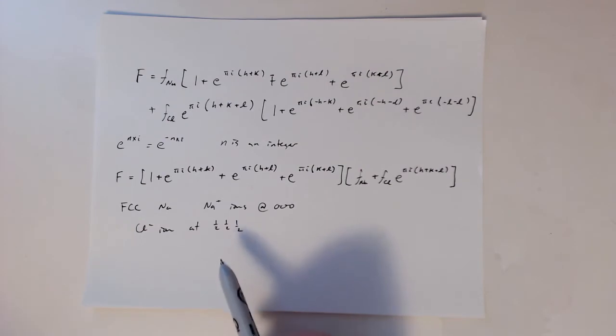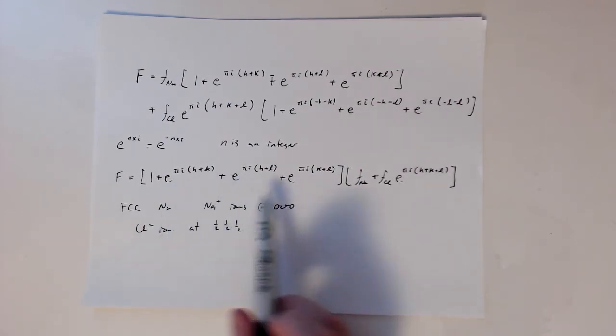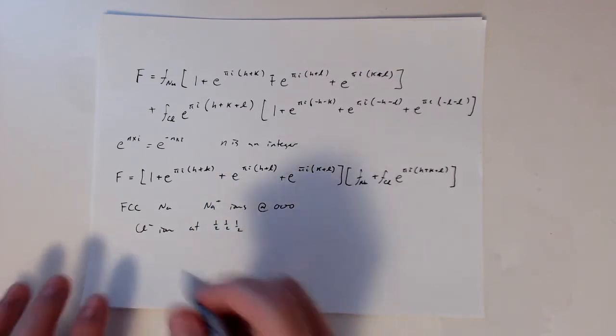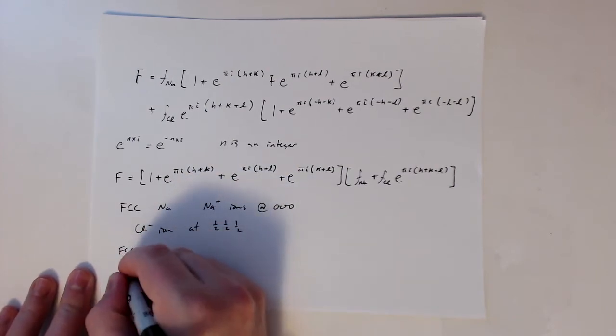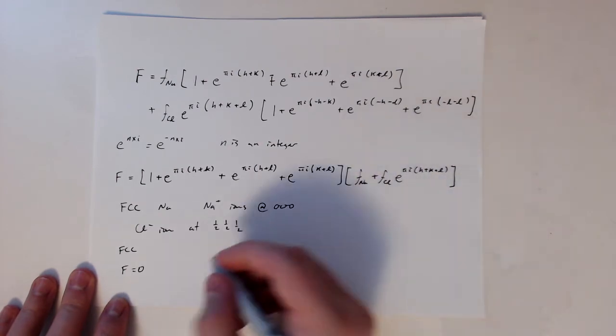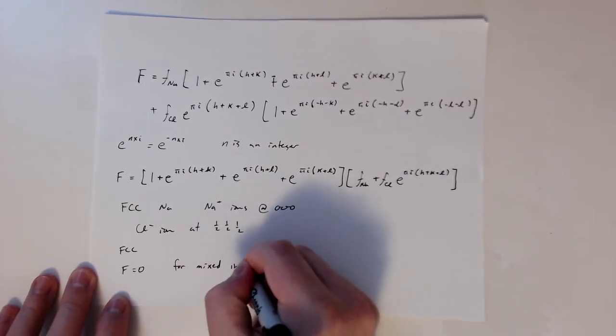So if we look back at the extinction rules for FCC, which again is related to this term, what we find is that the structure factor is equal to 0, so it's extinct, for mixed indices.